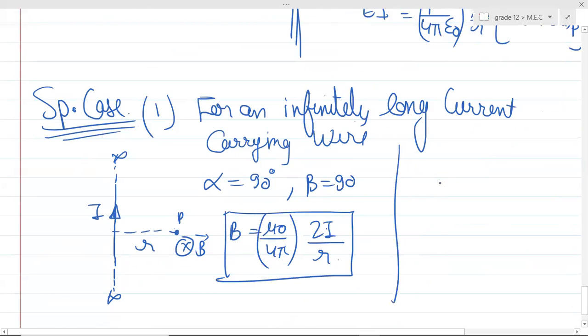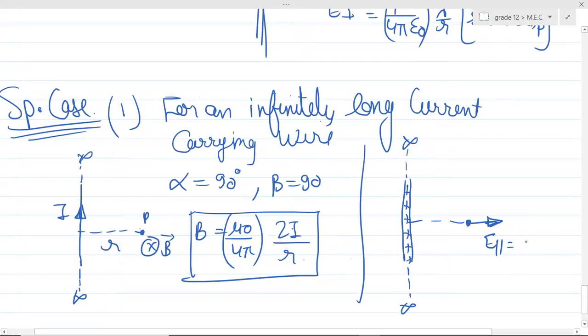Do you remember when you had an infinitely long line charge? What was the electric field? Electric field only had a perpendicular component, right? And what was the total electric field at this particular point? If you remember, it was twice of k lambda by r, 2k lambda by r.